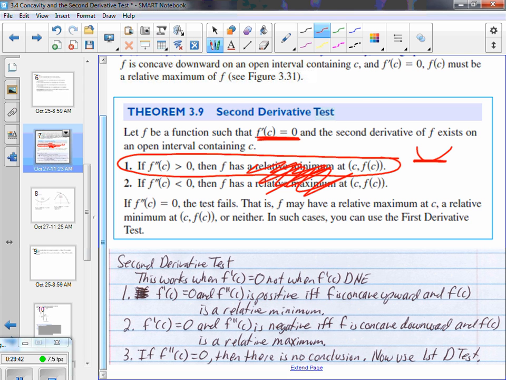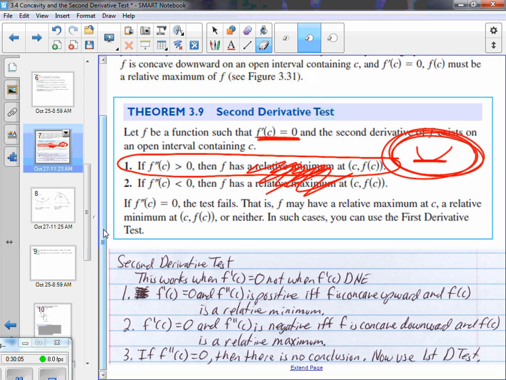Follow me? Second derivative is positive means concave up. Derivative equals 0 means horizontal tangent line. So if both of those things are happening at one place, you've got concave up and a horizontal tangent line, it's got to look like that, which means you have a relative minimum there.